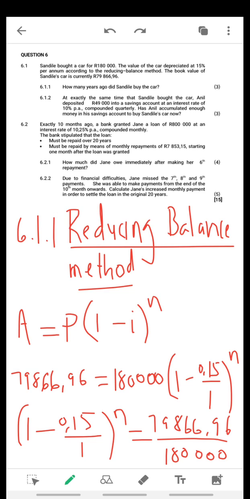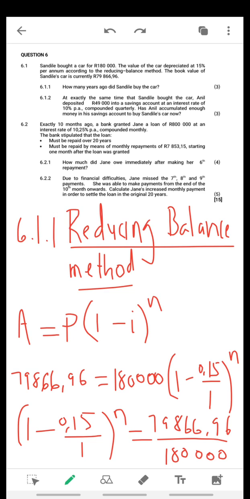Now 6.1.1, what are we looking for? How many years ago, N, the period, did Sandile buy the car? With the reducing balance method, we know that the formula will be A equals P times 1 minus I to the power of N. Our A is 79,866.96, and P is 180,000.